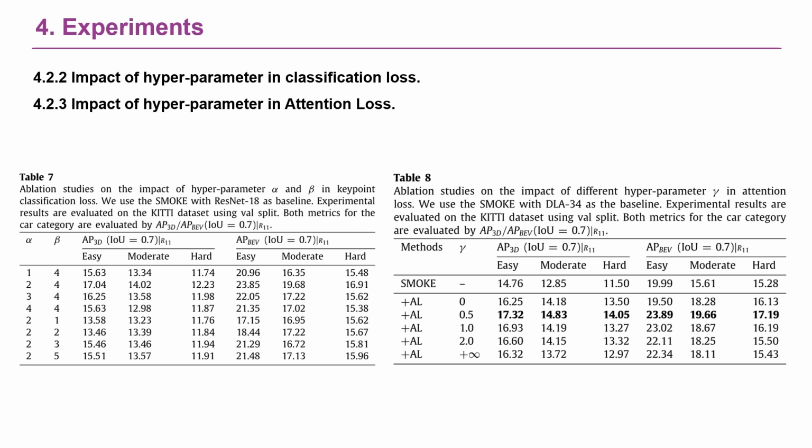As shown in Table 8, the inappropriate proportion of terms in Eq. 5, too big or too little, fails to achieve great performance. The trade-off between confidence score and 3D IoU when gamma is 0.5 gets the relatively best performance.